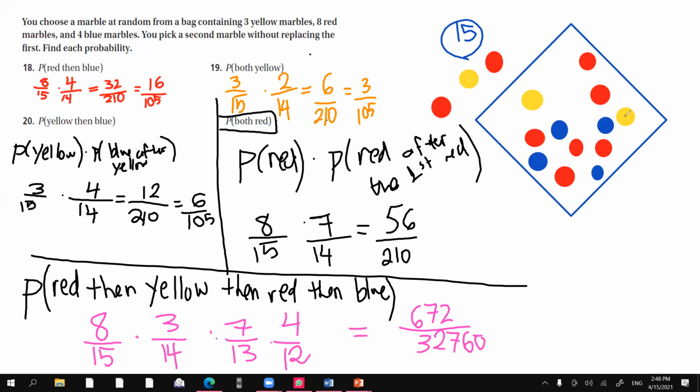Now, as an example, and I will not ask you about it, if I tell you to write the probability in percent, you have to divide 672 by the denominator, then multiply this answer by 100.